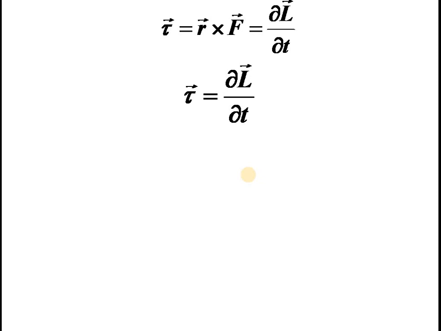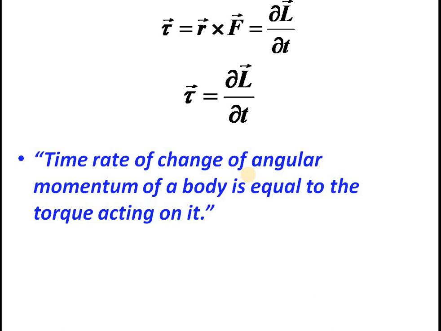So you can see tau equals delta L by delta T is the rotational equivalent of Newton's second law. The time rate of change of angular momentum of the body equals the torque. So it's the rotational form of Newton's second law of motion, in the rotational domain.